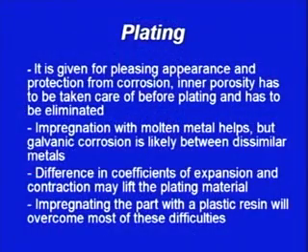We can't fill it with a dissimilar metal because of galvanic corrosion. So, impregnating the part with a plastic resin will overcome most of these difficulties. Before plating we can impregnate it with a plastic resin. The melted plastic resin will enter into the pores, and later, when this impregnation is completed, we can go for the plating process.